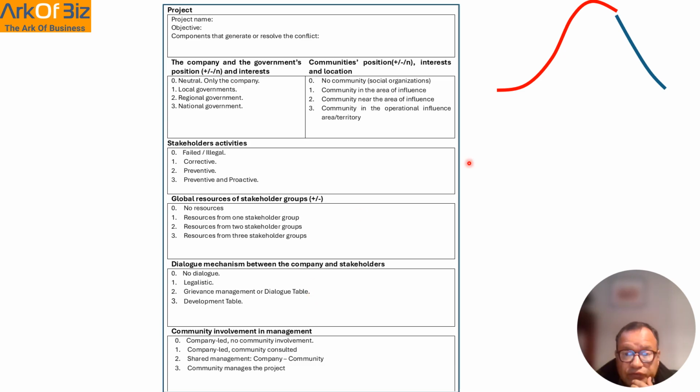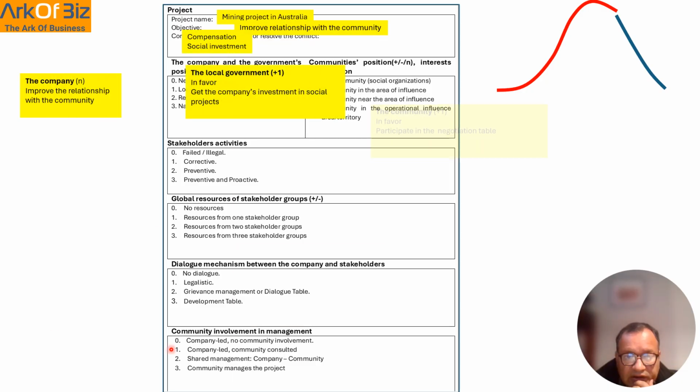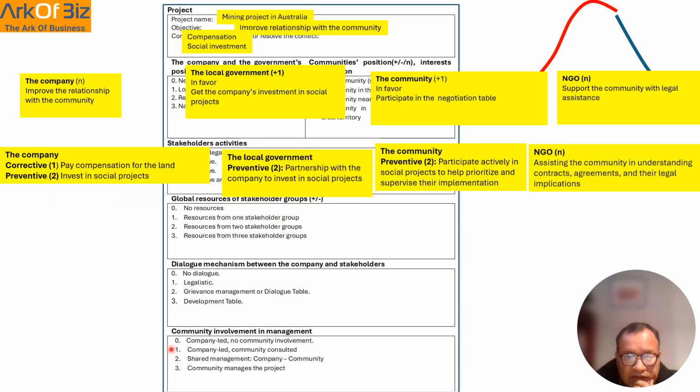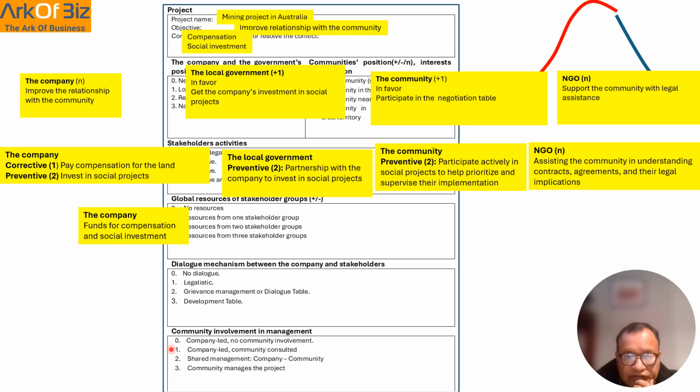Okay, now let's go to the conflict resolution stage. So we have filled out the ASEC tool until the global resources of a stakeholders group.